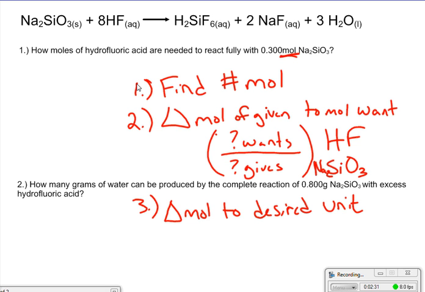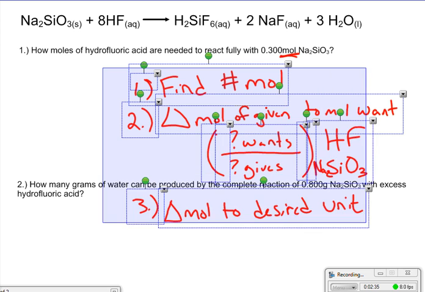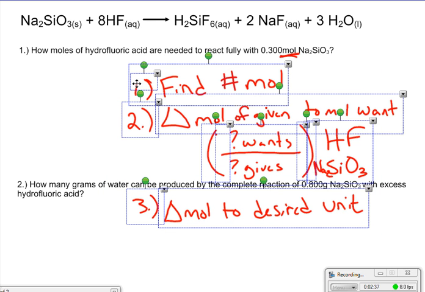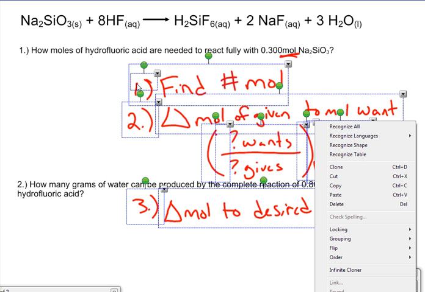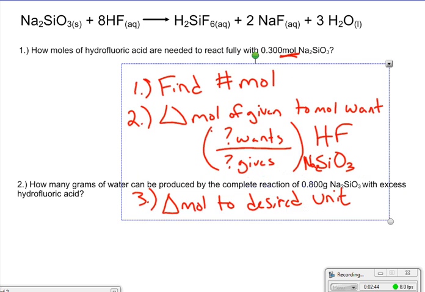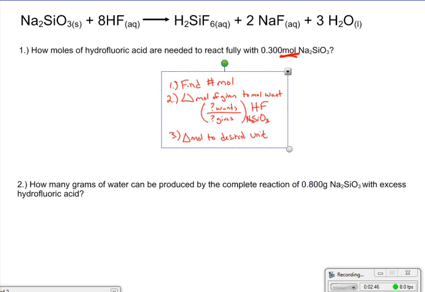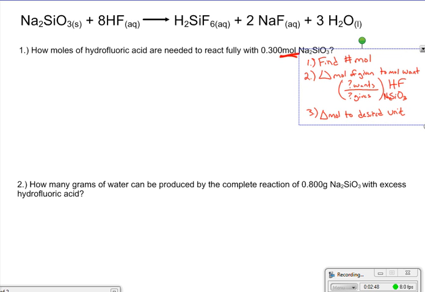These are the 3 steps. If you can keep those 3 steps in your mind while you do stoichiometry, it shouldn't be a breeze. It's only 3 steps. It's all you have to do in order to do stoichiometry. So I'm going to keep this off to the side here and try not to erase it. We'll work on these problems.